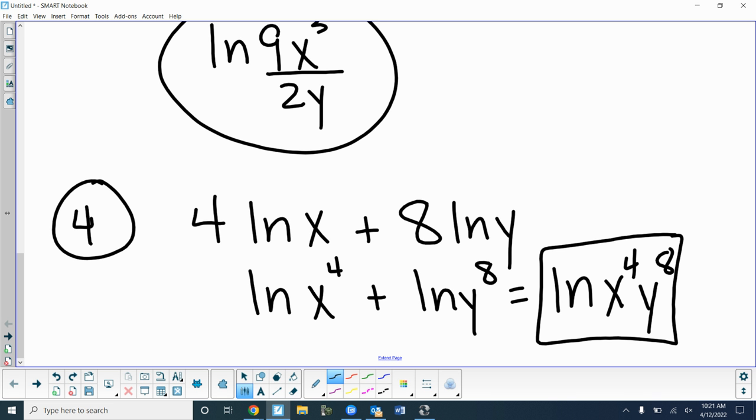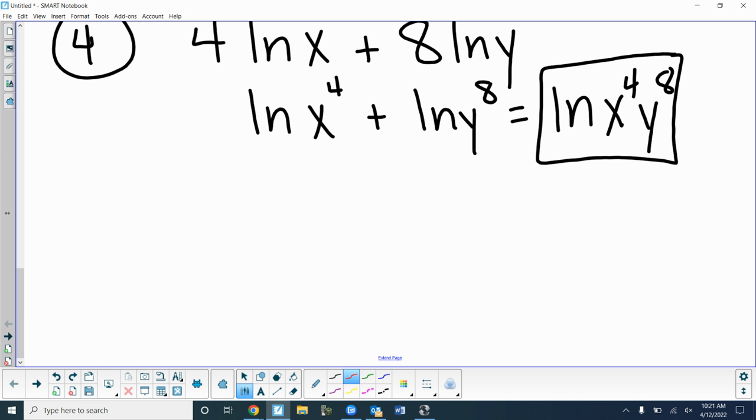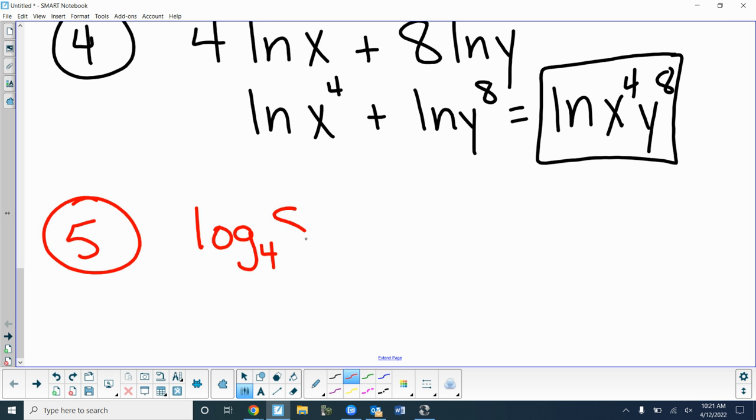Okay, 5 and 6 is supposed to be your favorite rule, and you guys are forgetting it, which I don't understand why you would forget your favorite rule of logs. When we first started doing these, we had to try to do this in our head, we had to write equals x and then try to figure it out, right?